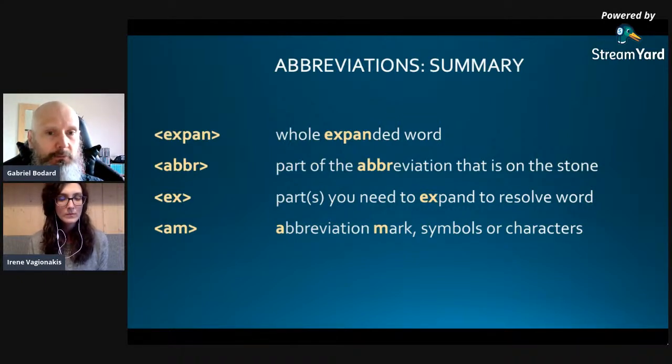So the abbr element in a diplomatic transformation is always: print the contents out in full, and in uppercase, for example. But we don't have to say if it has an ex after it, treat it differently, or if it has an am inside it, treat it differently. It's always treated the same. So we think this is not the only way to encode abbreviations, but this is the EpiDoc way to encode abbreviations, and we think it's pretty neat.